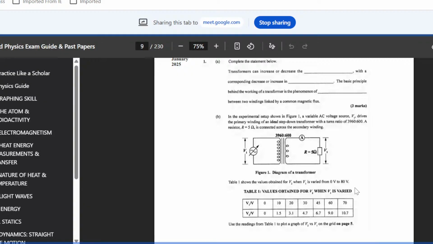Alright, I think we know this by now that the graph in question, typically the graph for number 1, can come from any section of the syllabus. So there's no limitation where that is concerned.